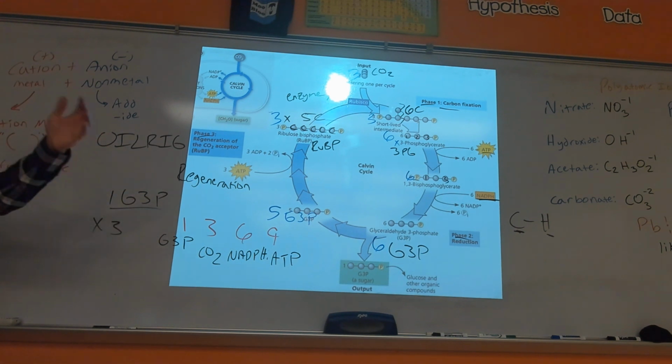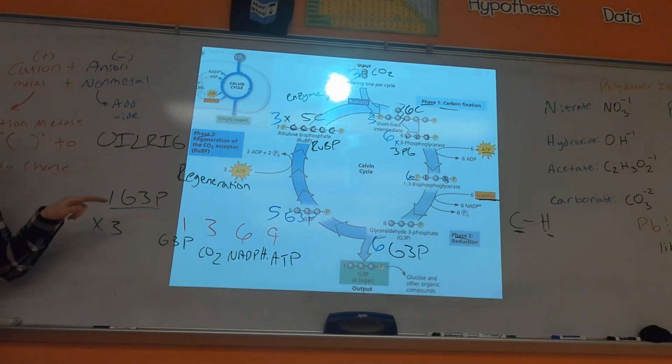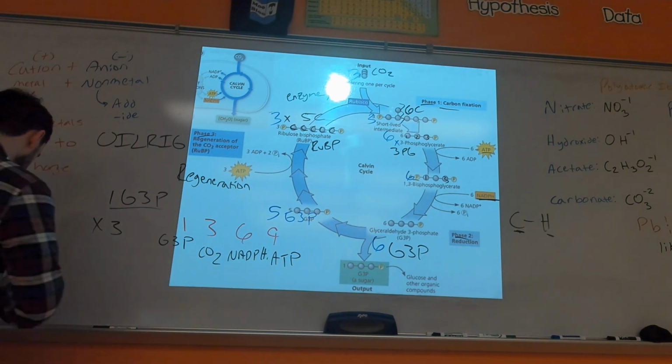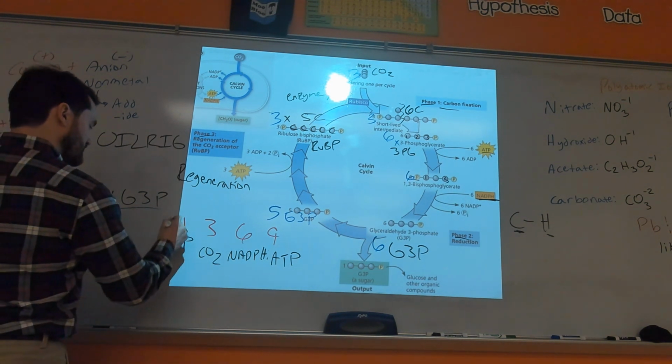So this is where a lot of the test questions come in: inputs, outputs, location. So output, you're making 1 G3P. To make that 1 G3P, you put in, so here, let's do this. This is an output.